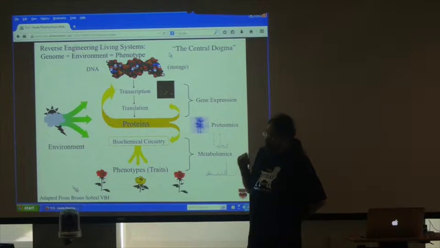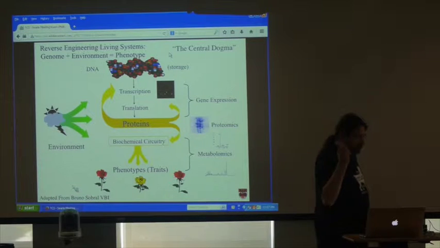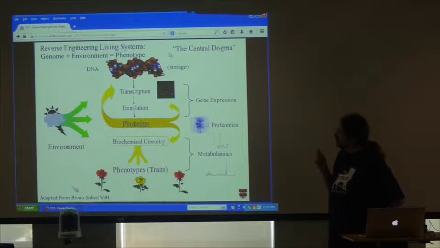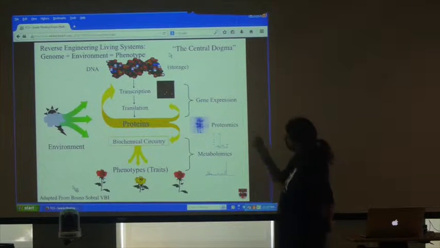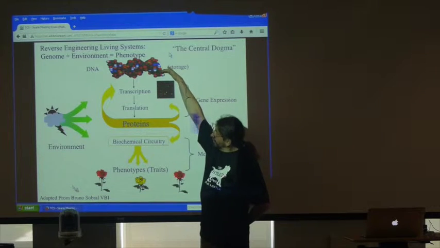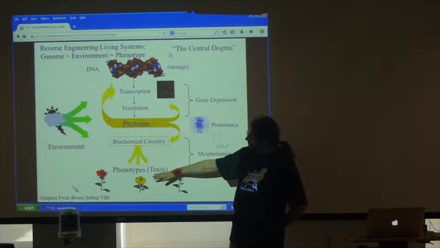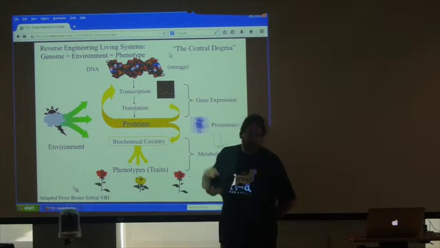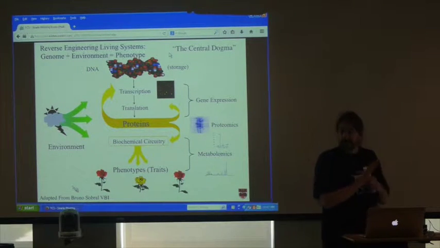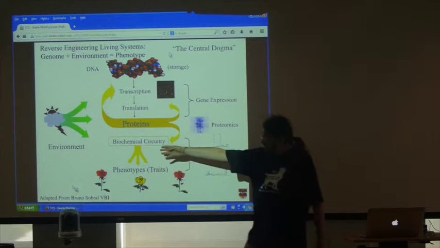And of course, what we're interested in when we ask high-level questions about biological systems, and I suspect Gary will talk about some of this, is the relationship between what's in the DNA and what is expressed, that is the phenotype, what the organism is actually doing under some environmental conditions.